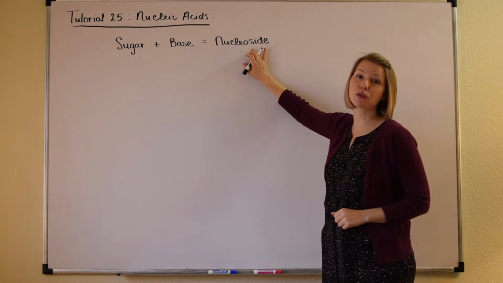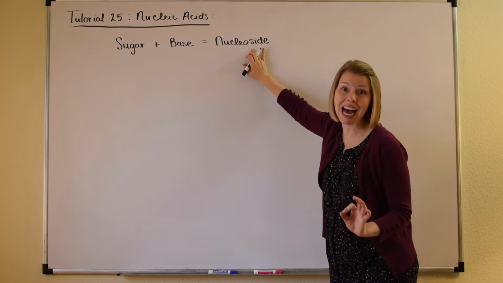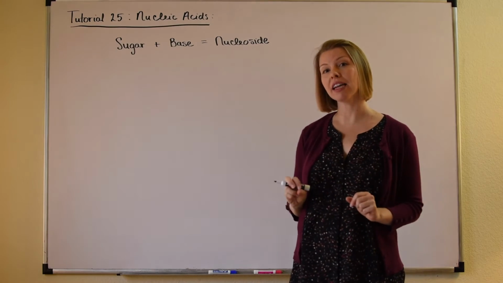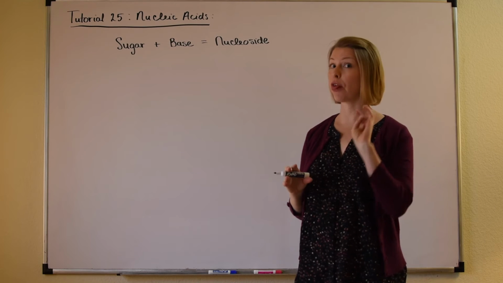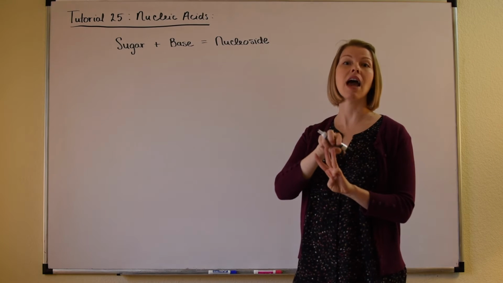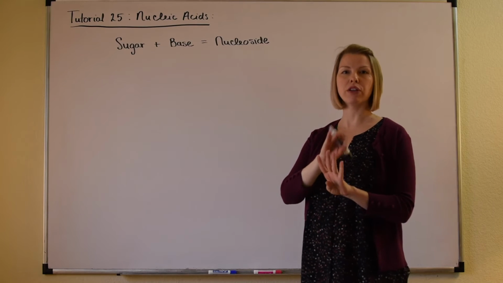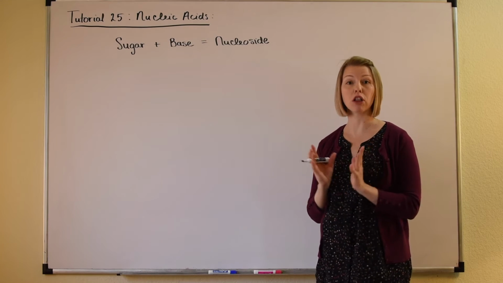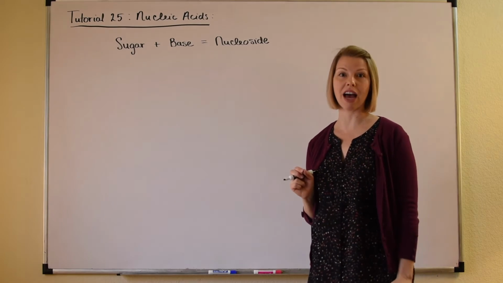Not to be confused with a nucleotide, with a T here. Because remember, we just said that a nucleotide has 3 components: the sugar, the base, and phosphate. When you don't have that phosphate yet, it is a smaller molecule called a nucleoside.